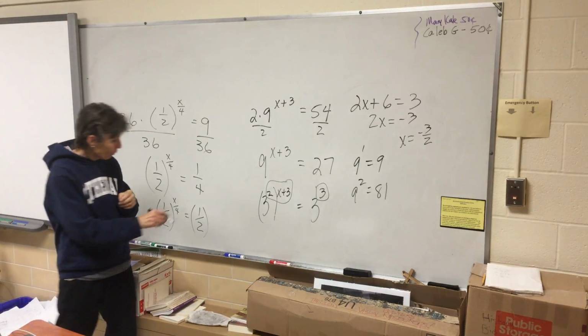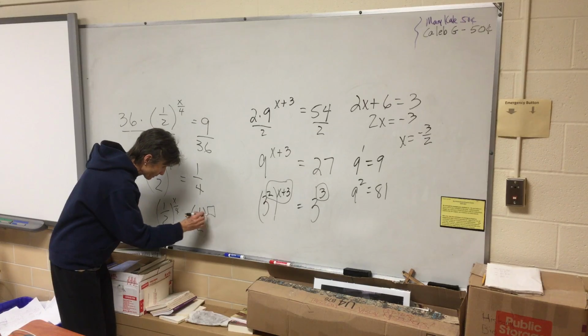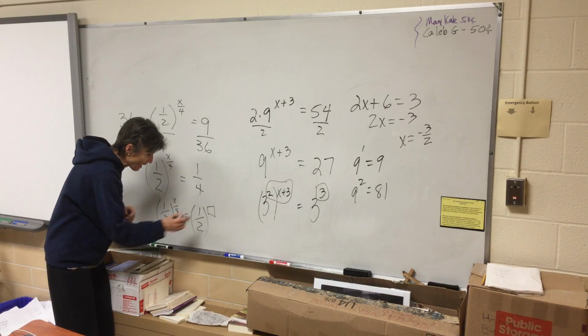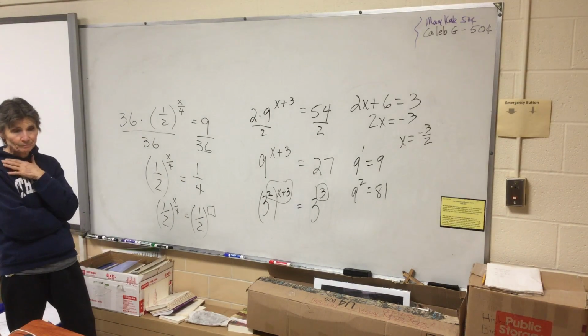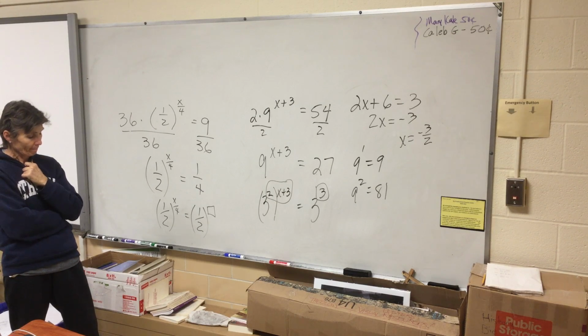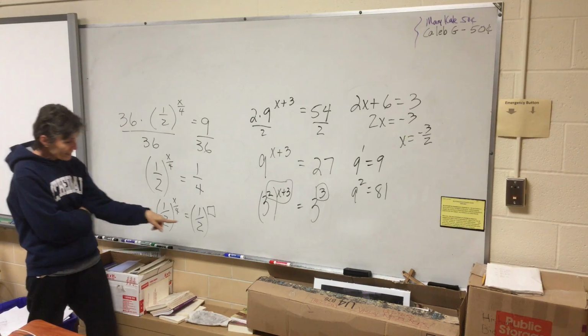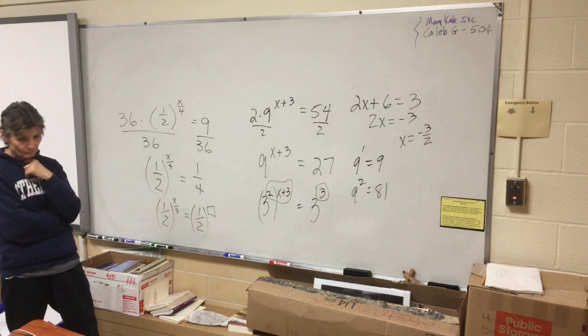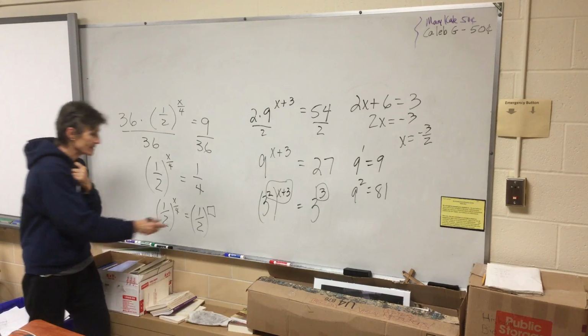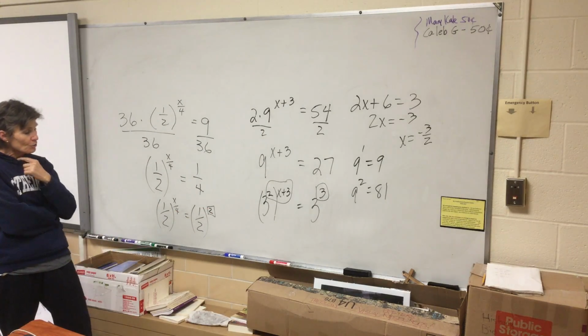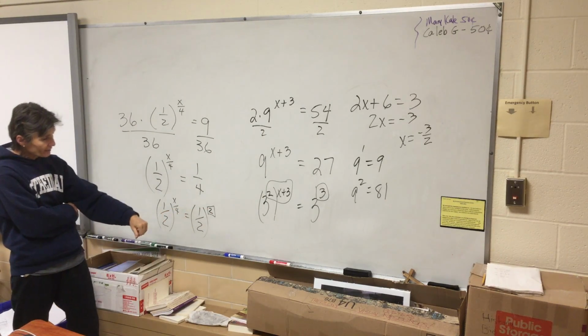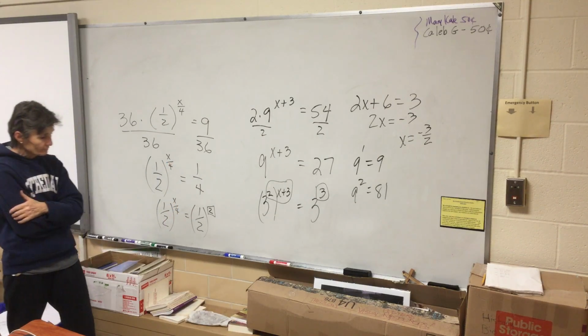Can we put a power up here that would be 1/2 to that power is 1/4? What do you have to do to 2 to get 4? Square it. Exactly. If you square 1/2, you get 1 over 4.